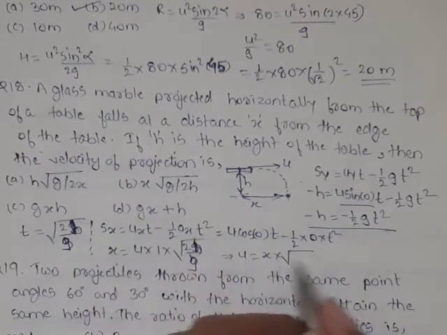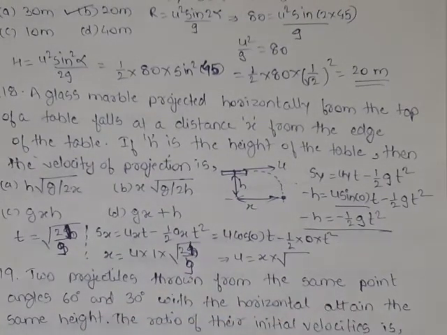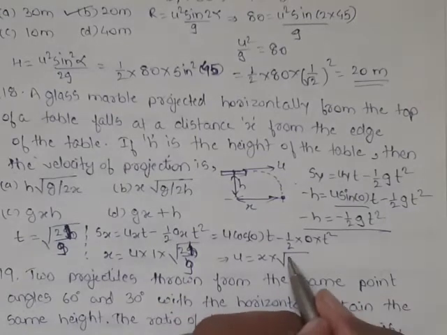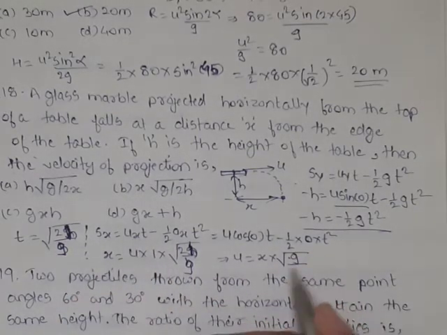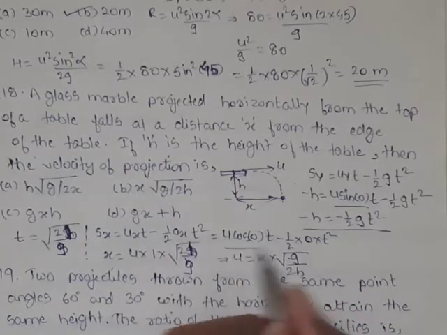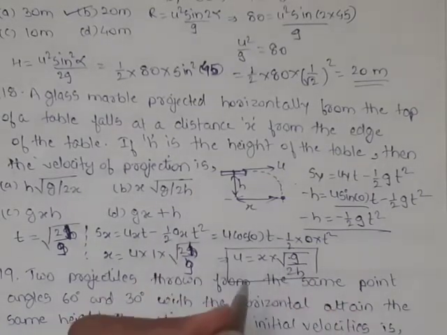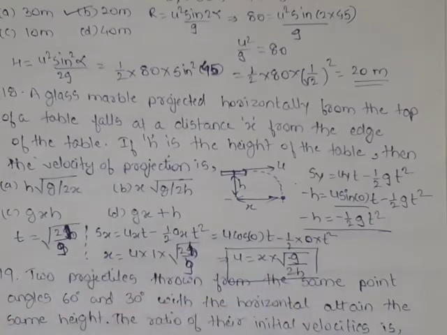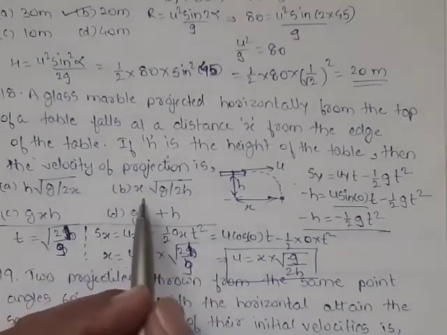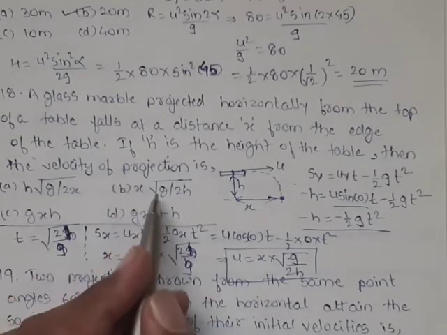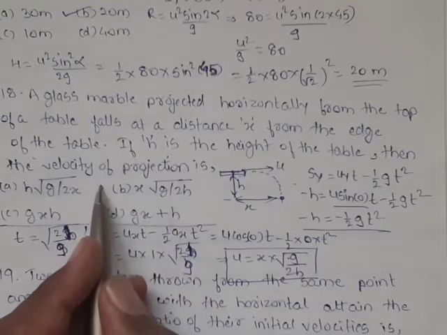The value of u is x into under root g upon 2h. So out of these four options, option B, that is x into under root g upon 2h, is the correct answer.